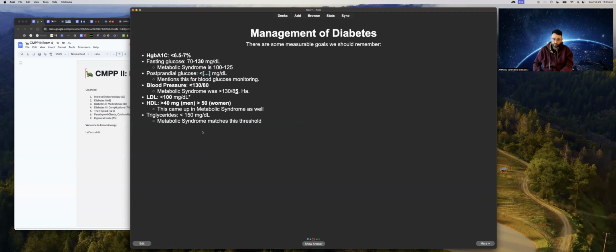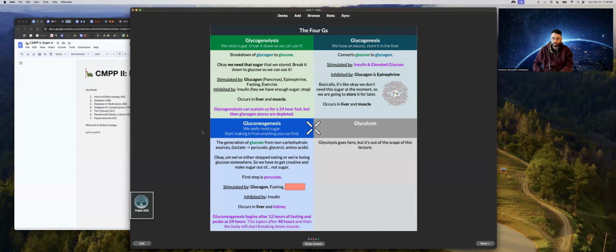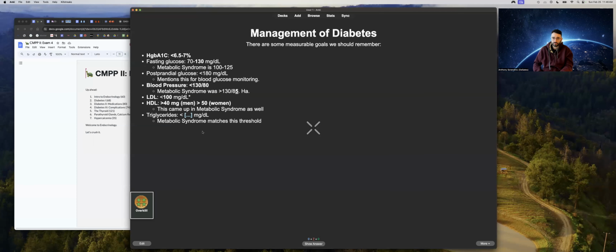Cortisol. 180. Increased BMI over 25, age over 45, sedentary lifestyle. Acidosis. 150. 40.